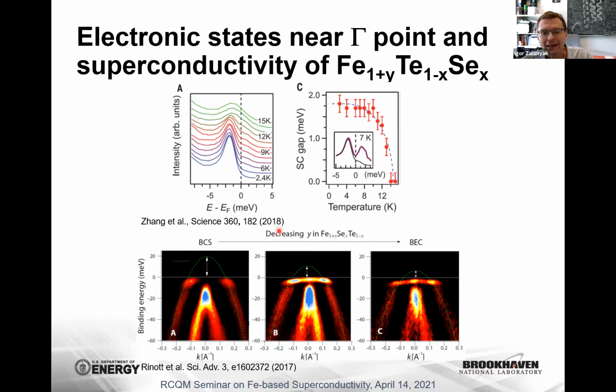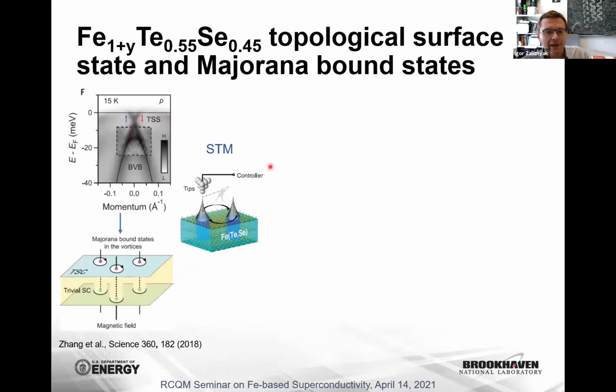In fact, in this work, they mentioned that this change of the superconducting condensate peak occurs on decreasing iron content, but the change in Y, this iron content, was so small that they weren't even able to report numbers. They just said it's bigger here and smaller there, but it was, I think, within 1%.